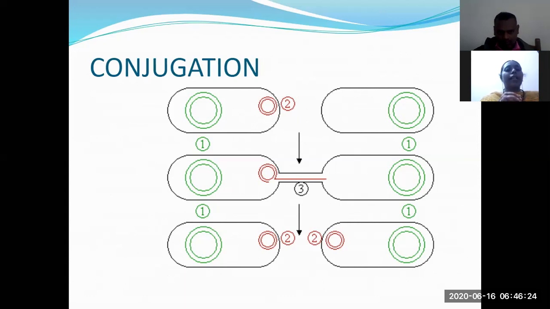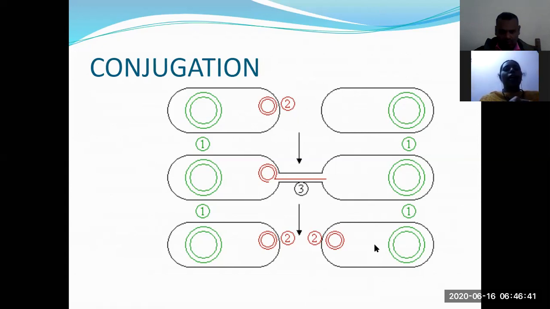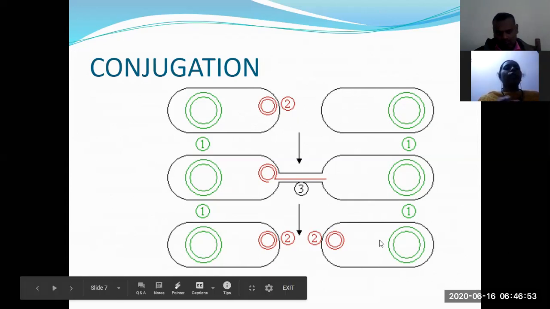In the second step, there is an interaction between the first and second bacteria by the formation of a horizontal tube, or you can say conjugation tube. Through this tube, the plasmid from the first bacteria moves to the second bacteria, while it is also still present in the first bacteria. So now you see the second bacteria also consists of plasmid.